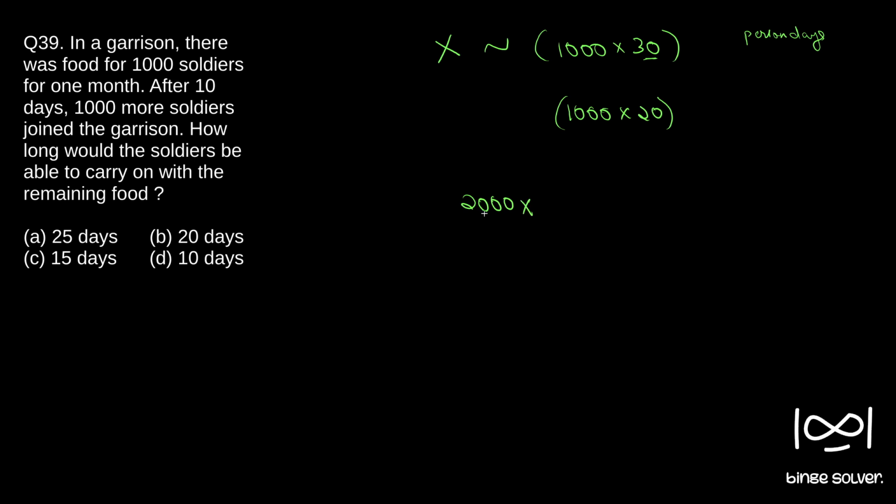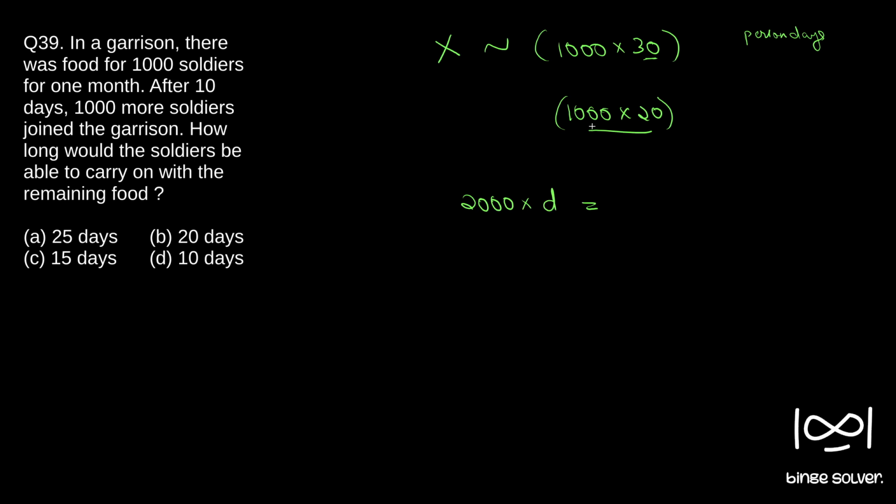So from this point, 2,000 into the number of days, let's call it D, is equal to the person days left.